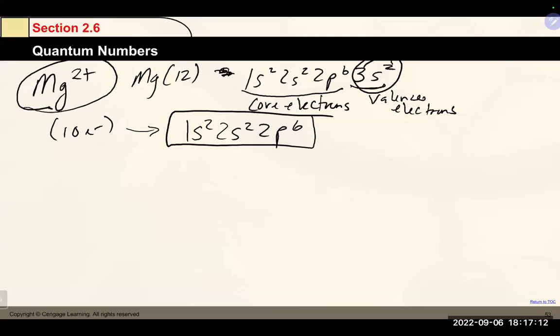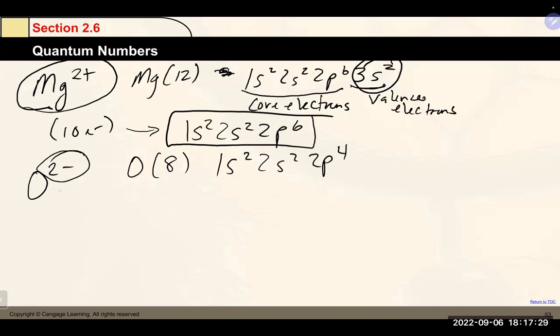If we look at something like oxygen, which can gain a -2 charge, we did electron configuration for oxygen with no charge, which is 8 electrons: 1s2, 2s2, 2p4. When it has a -2 charge, it means it has now 10 electrons, gained 2 electrons.